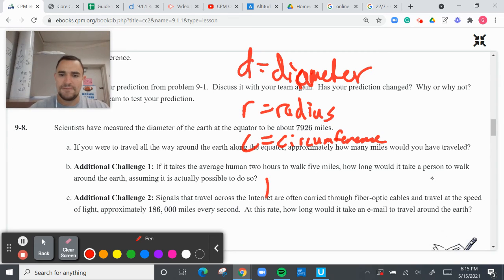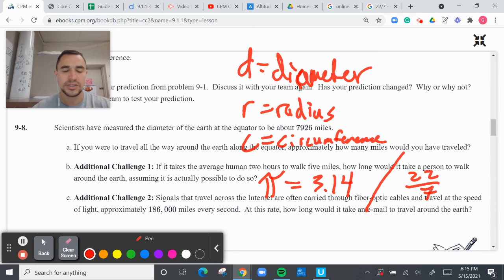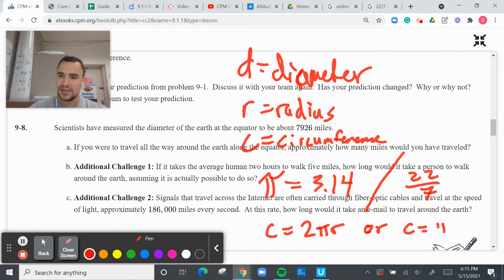And then we have pi is 3.14, or it's 22/7. Either one works. And in order to find the circumference, it's 2 pi r, or it is C equals pi d.